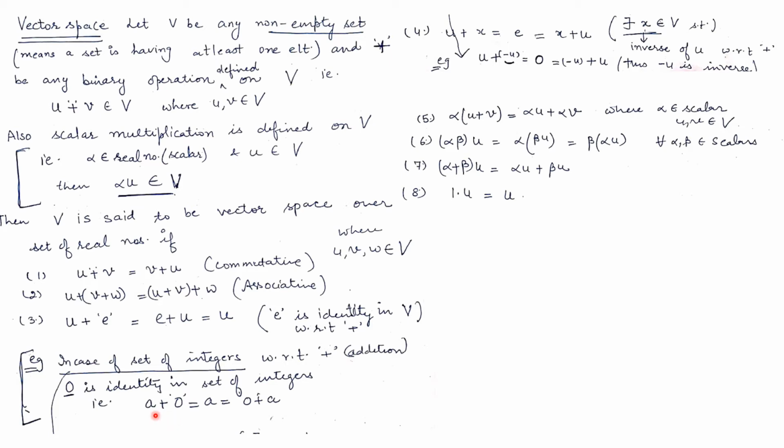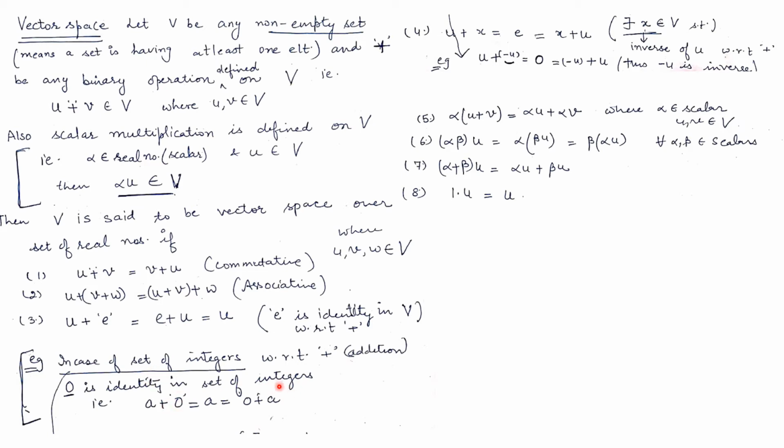What do you multiply a natural number by so that you again get a? That is 1, right? If we multiply a by 1, we again get a. So 1 will become the identity because 1 is also a natural number, 1 belongs to the naturals. So in the case of multiplication, 1 will become the identity in the set of natural numbers. But in the case of the operation addition, there is no identity in the set of natural numbers. However, if we consider the set of integers, 0 is the identity in the set of integers.